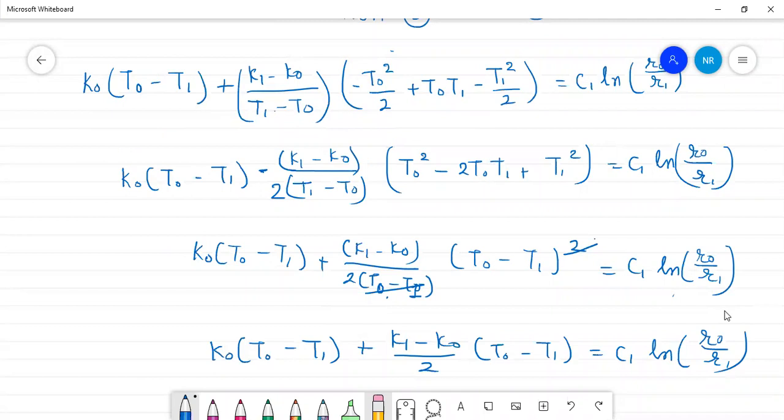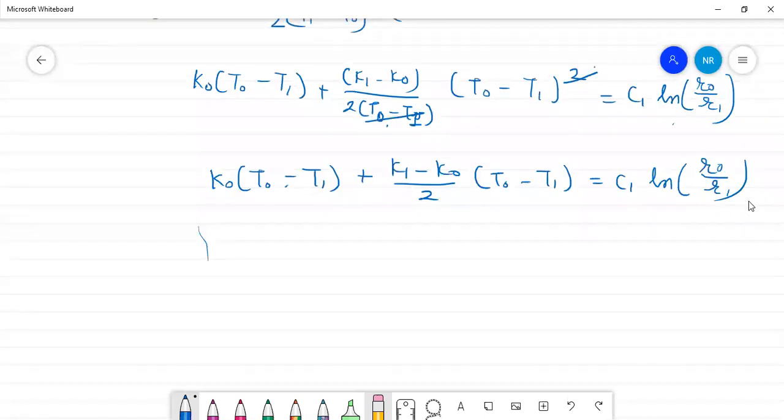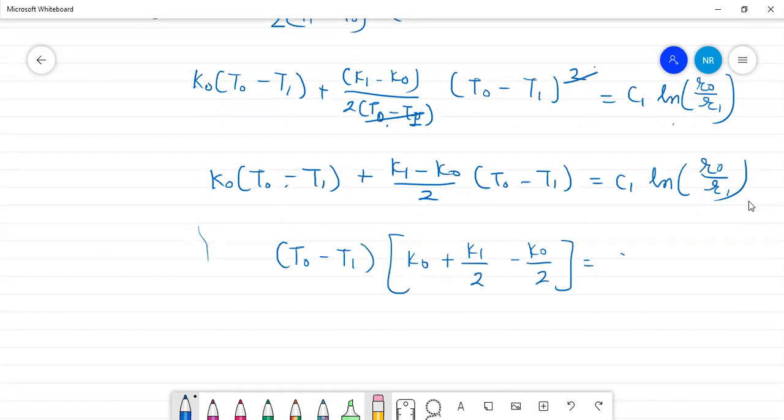Here T0 minus T1 is common. So if I take it common, T0 minus T1 times K0 plus K1 divided by 2 minus K0 divided by 2 is equal to C1 ln R0 divided by R1.